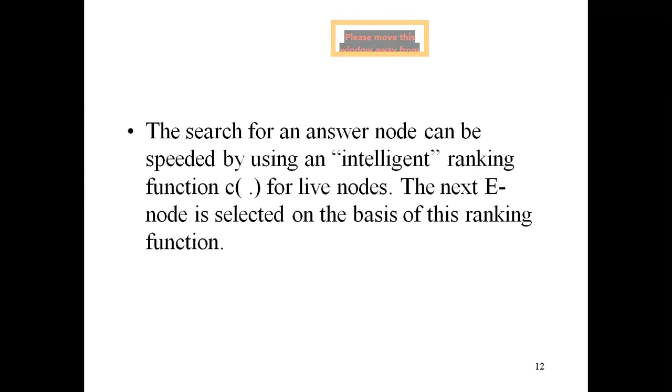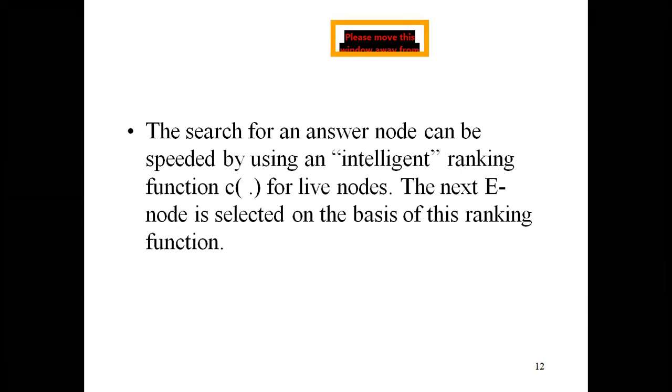In the four queens example problem, if we use a ranking function that assigns node 30 a better rank than all other live nodes, then node 30 will become the E node following node 29.